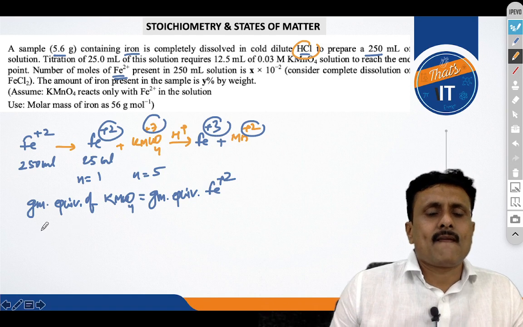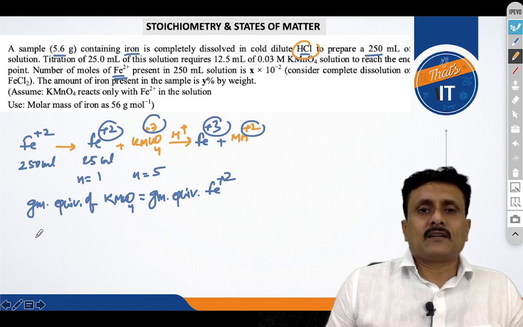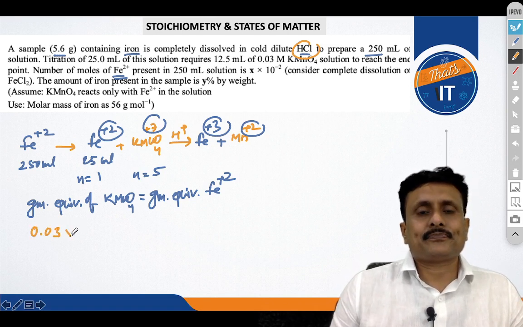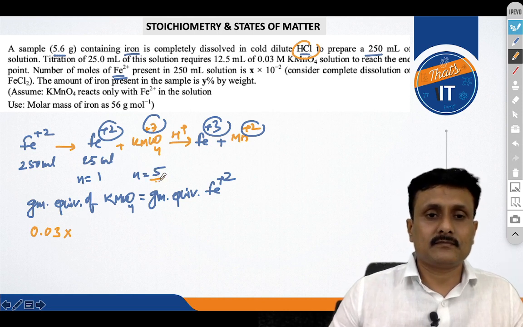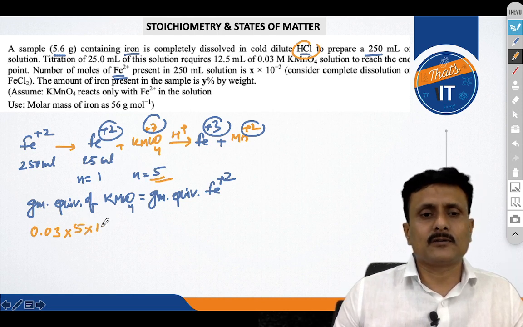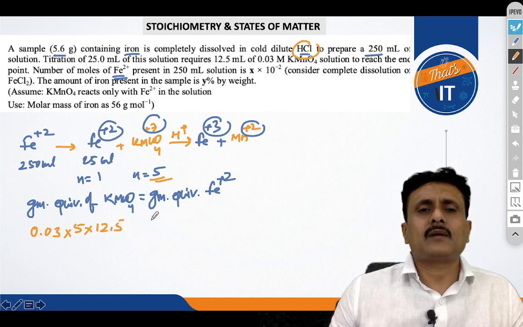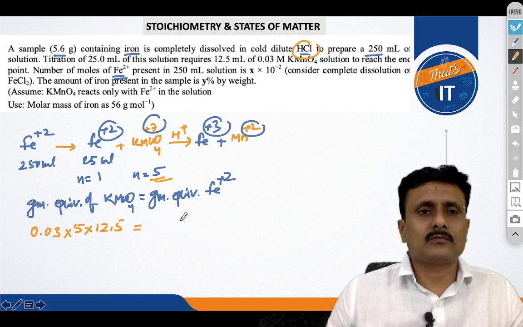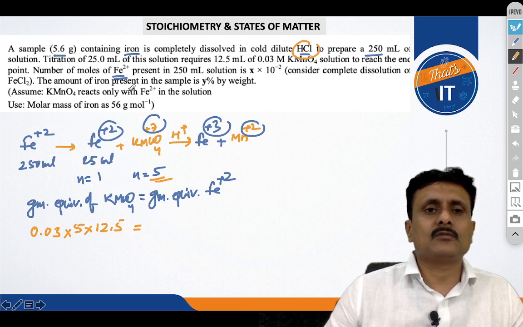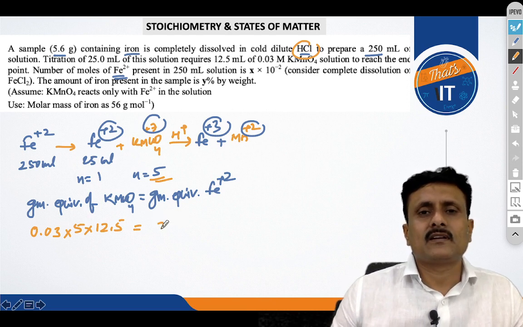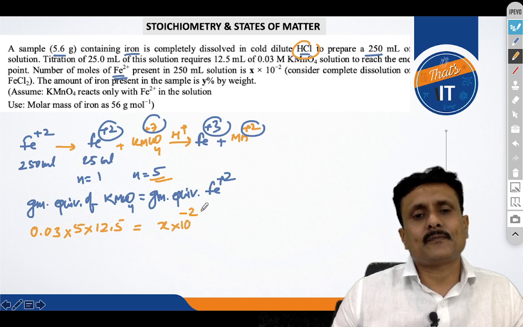Nothing else. So gram equivalents of KMnO4 means molarity into N factor gives you normality. 5 into volume, I am taking milli equivalents, is equal to the number of moles of Fe+2 present, x into 10 power minus 2.